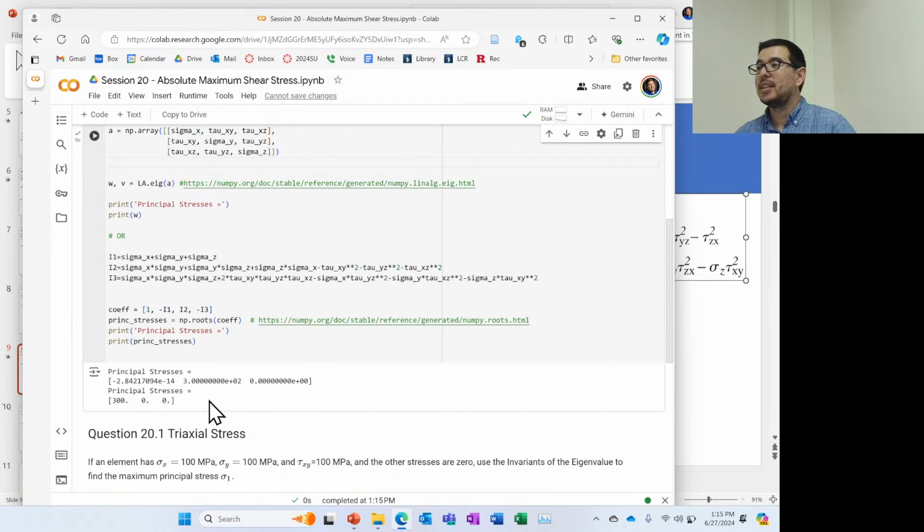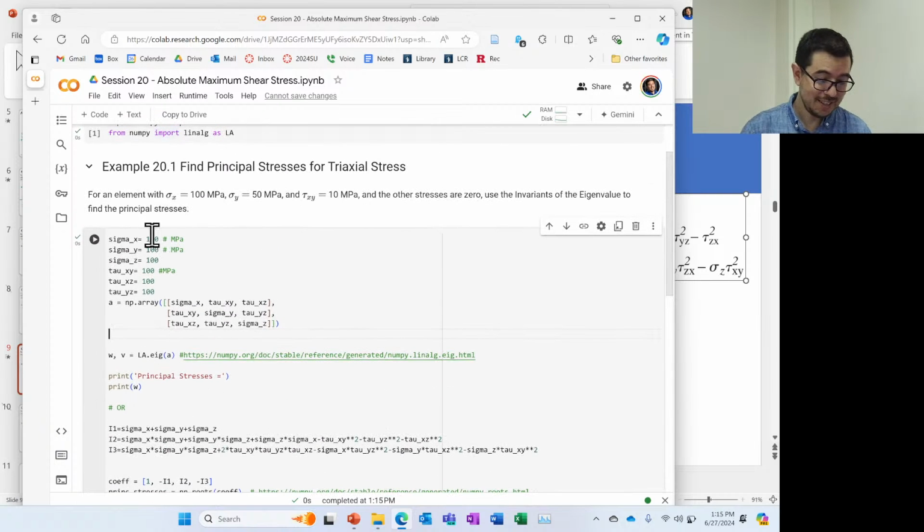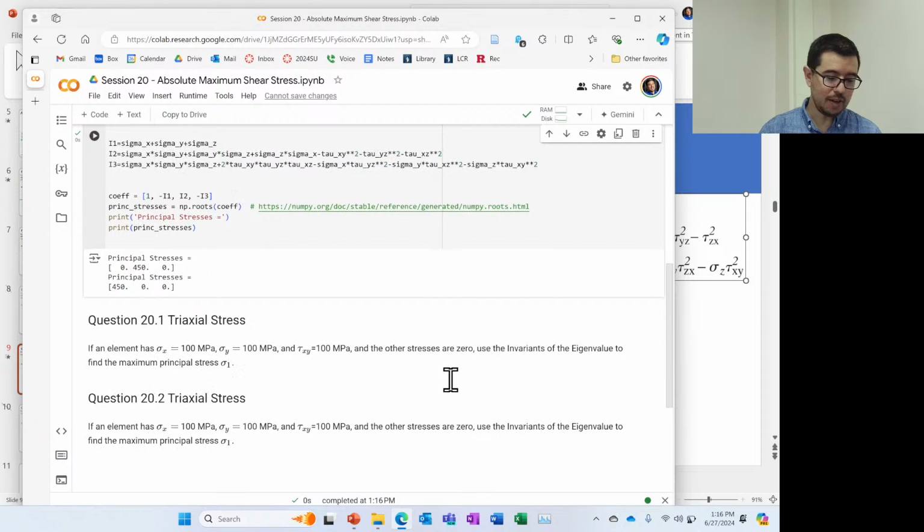So what's interesting about this? Can we see a pattern? Let's try 150. 150, 150, 150, 150, 150, 150. I hit Control Enter, I run it, I get 450, 0, 0.